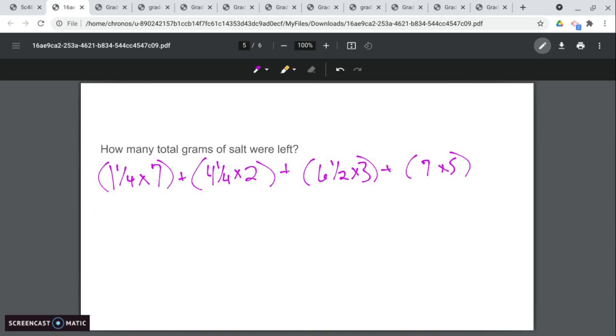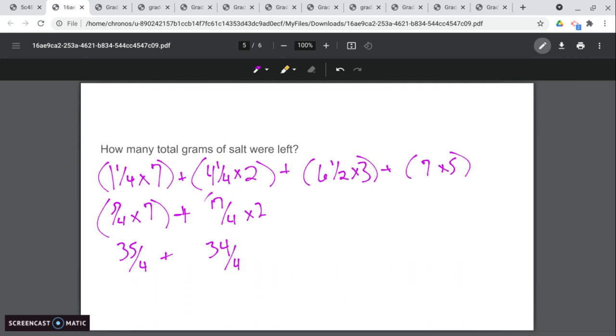So 1 1/4 is the same thing as 5/4 times 7. 5 times 7 is 35, so this is 35/4 plus, this is 4 times 4 is 16, plus 1 is 17, so we have 17/4 times 2. 17 times 2 is 34, so this is 34/4.